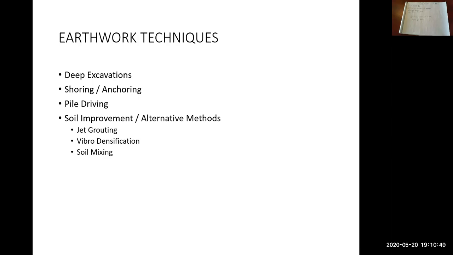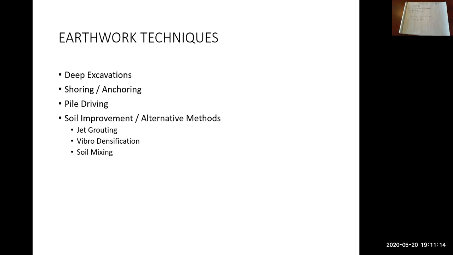Actually, you would probably cut off the entire road network around that building with 1-to-1 slopes. So there's different techniques that are available that can allow you to excavate vertically for these deep excavations. We'll get into a few of those a little bit later today.